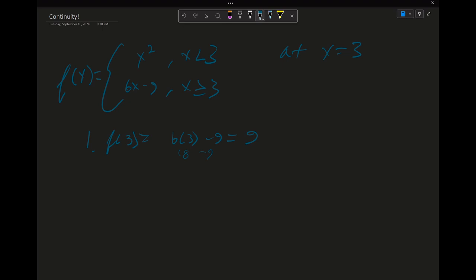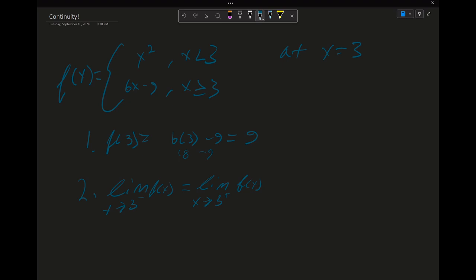And then let's go to the second step. The second step is the limit as x approaches 3 from the left of this function f of x equals the limit as x approaches 3 from the right of this function. And for piecewise functions, this is why these are useful.